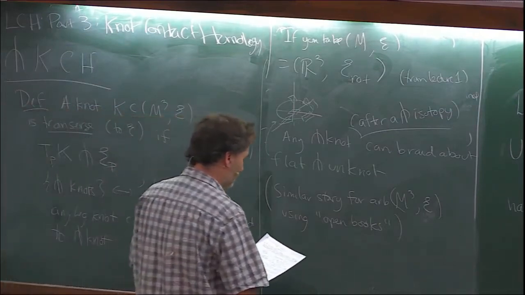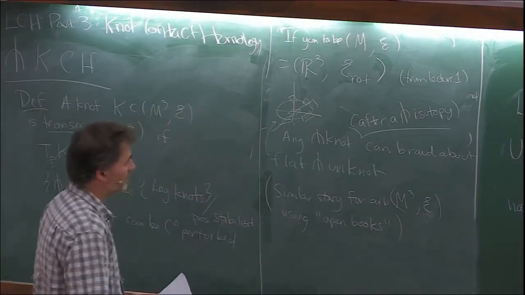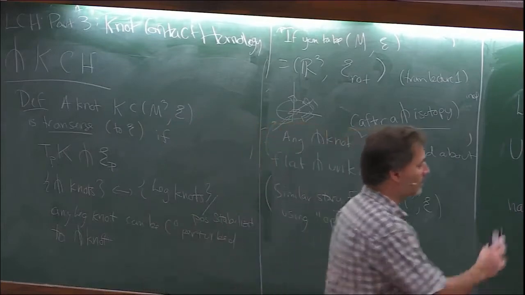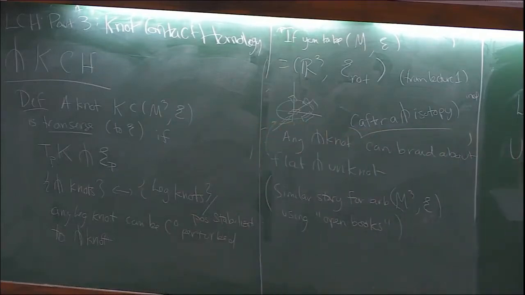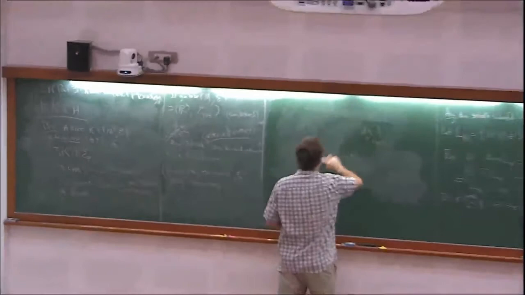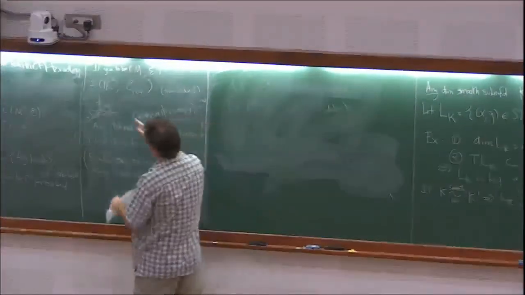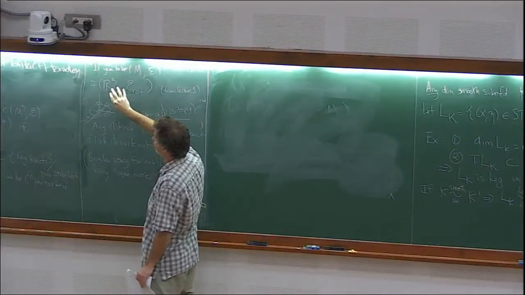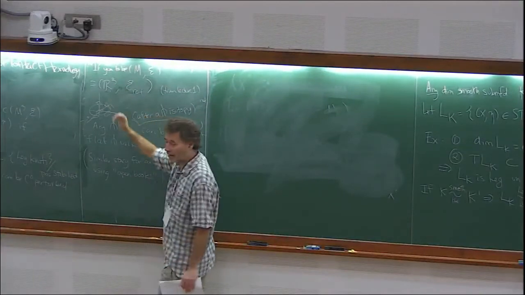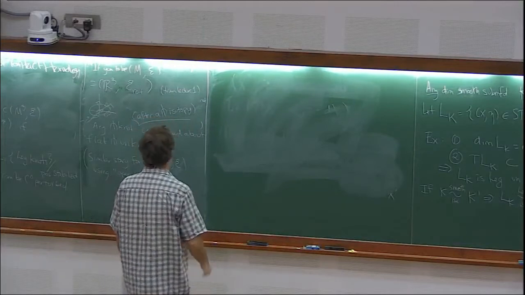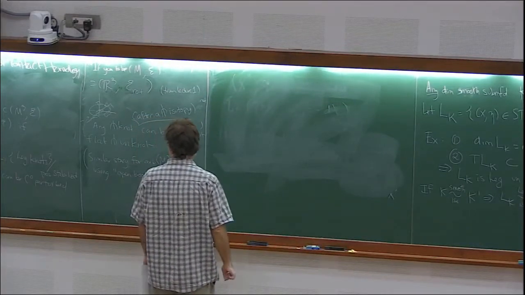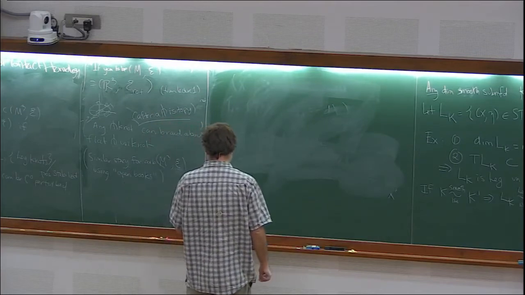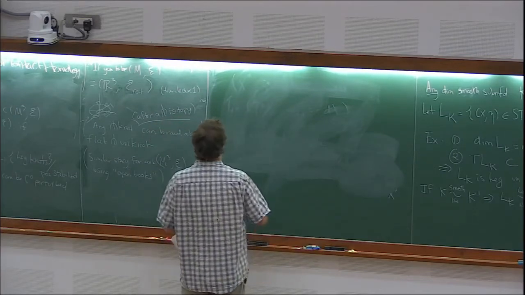Anyway, so it's not just in R3, you can do something like this. Okay. So we'll just think of transverse knots as being braided in this. Remember that this is contactomorphic, or contact isotopic, to the standard contact structure, so it's not just some random thing I'm picking up.